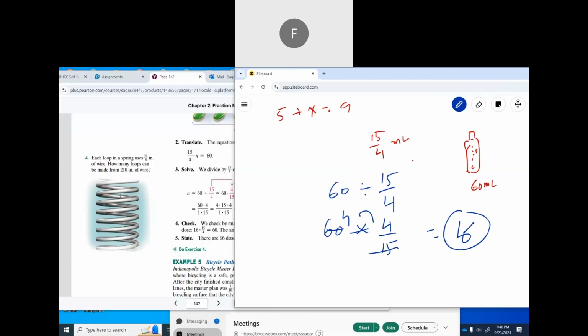Now, can you read this problem, please, from there? Anybody? Is it hard to read?